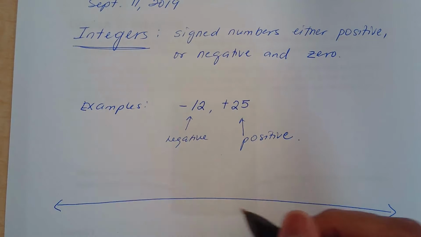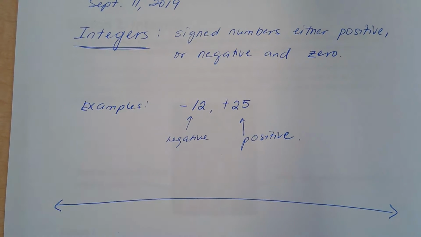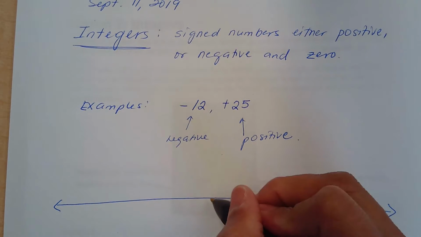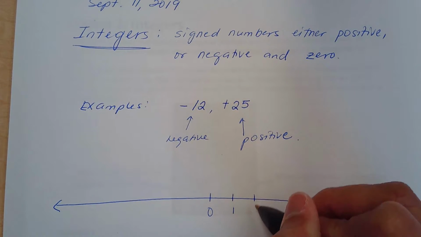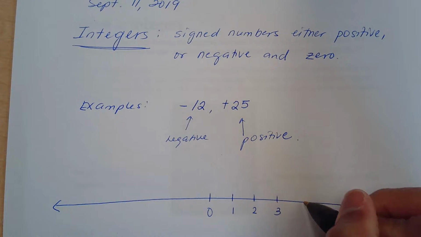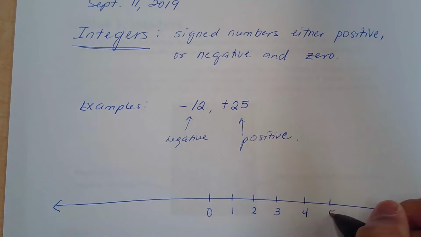I'm pretty sure you've seen a number line, right? A number line. When you first learned about numbers, you started talking about 0, 1, 2, 3, 4, 5.